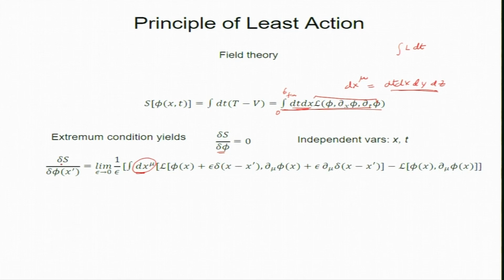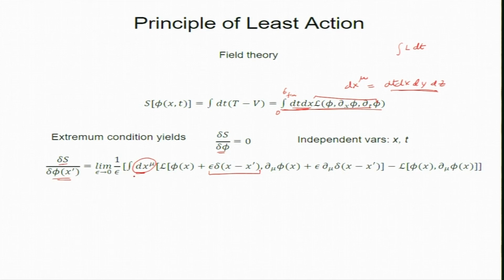Now, how do I get this delta S? I said you vary the phi by a delta function; remember we had done this thing. I am varying this phi by epsilon delta of x minus x prime. We said there is a field and you just give it a small kink at x prime and integrate with dx. I am going to get something as a function of x prime, then divide by epsilon and take the limit.